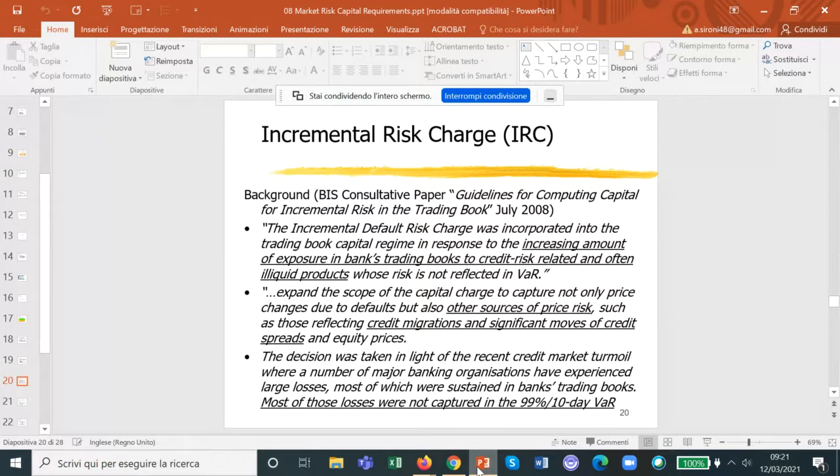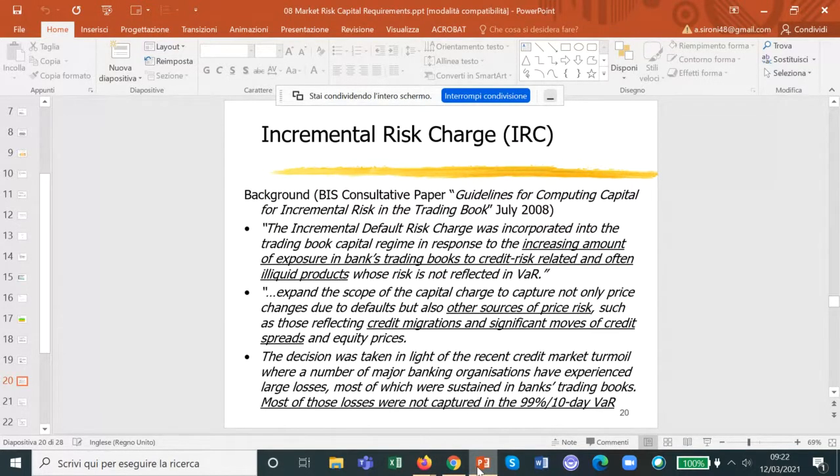Clearly, if they are illiquid, the time horizon must be lengthened because it could be that you're not able to close your position in a short period of time. And therefore, you also have to take into account price changes that come from credit factors, like, for example, credit migrations, i.e. downgrades, okay? Or significant moves of credit spreads, okay?